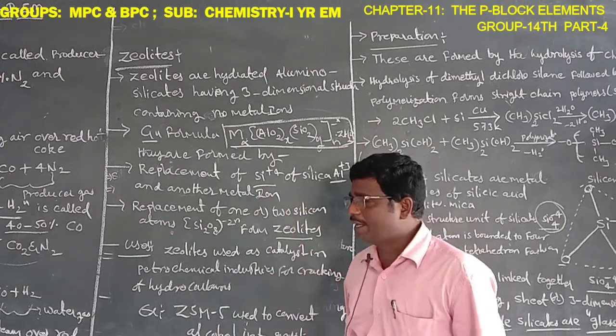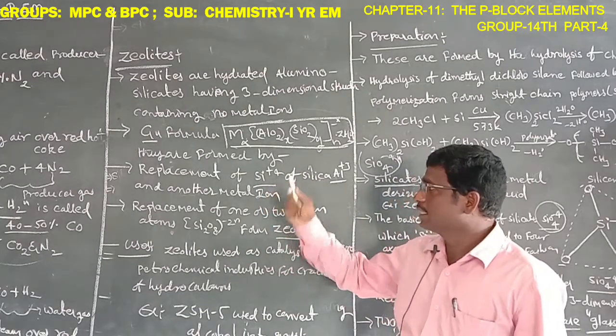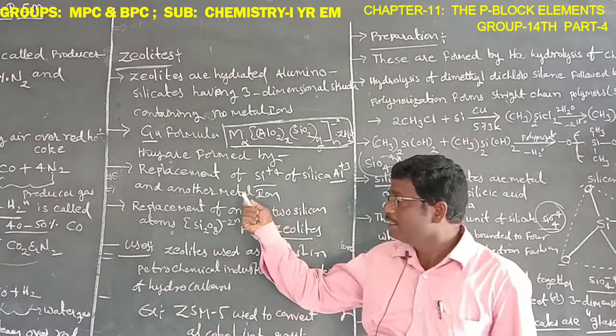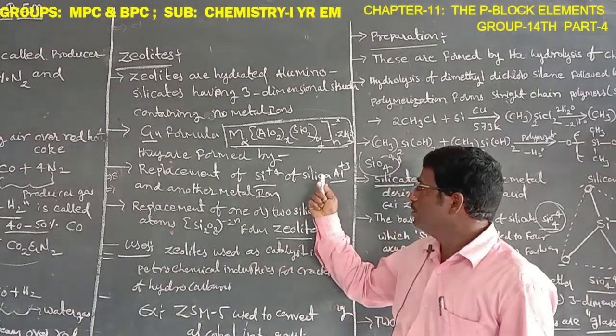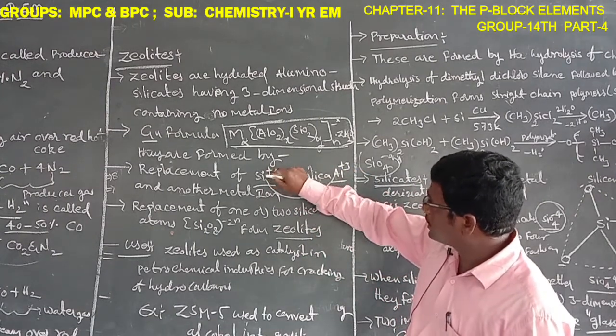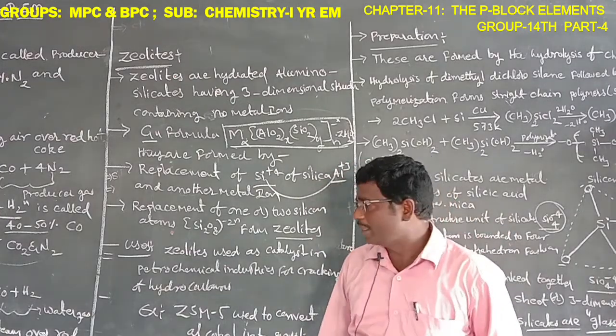Zeolites are formed by the replacement of silicon atoms. A zeolite is formed by replacing silicon of SiO4 with aluminum and another metal ion.